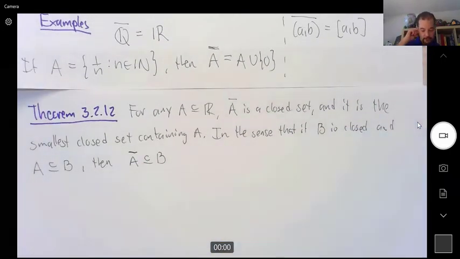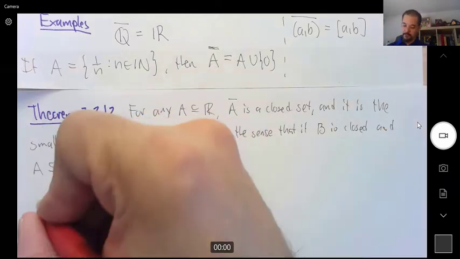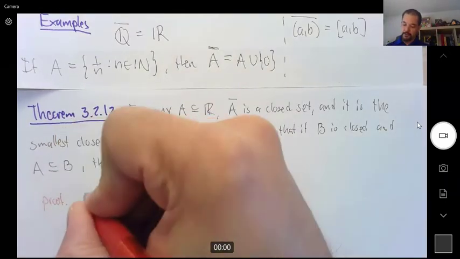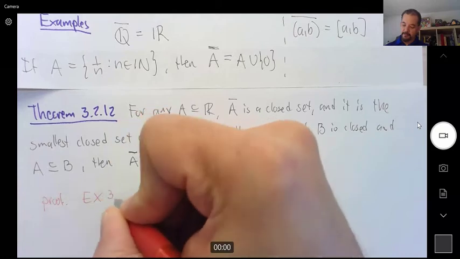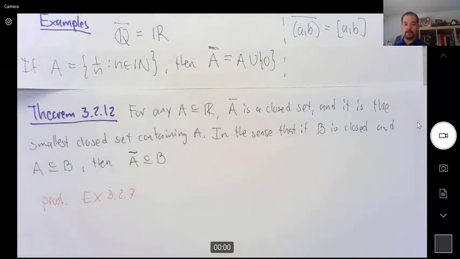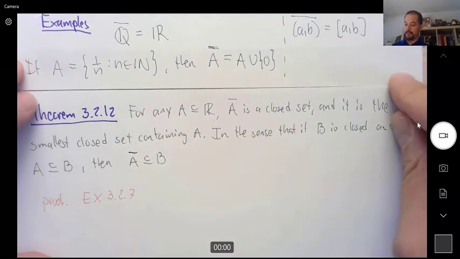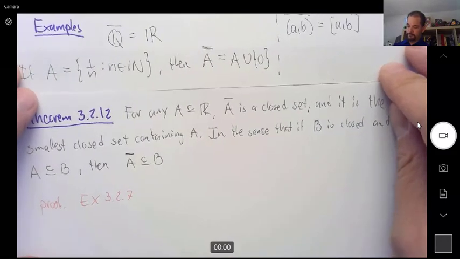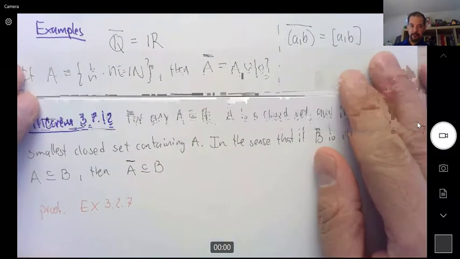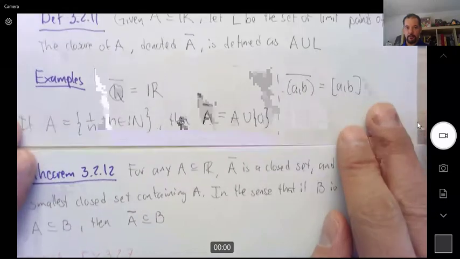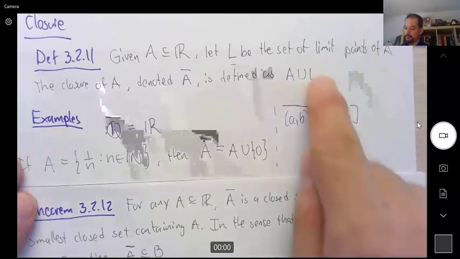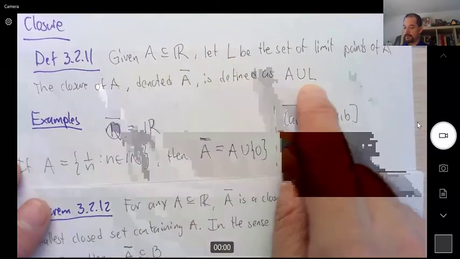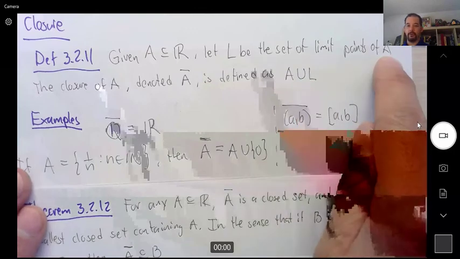The proof of this theorem is actually one of your exercises in the homework, exercise 3.2.7, so I'm not going to do it here. But there is a little bit of a subtlety in the proof that you're going to need to think about. If you pick a set and you add its limit points L, now A is good.